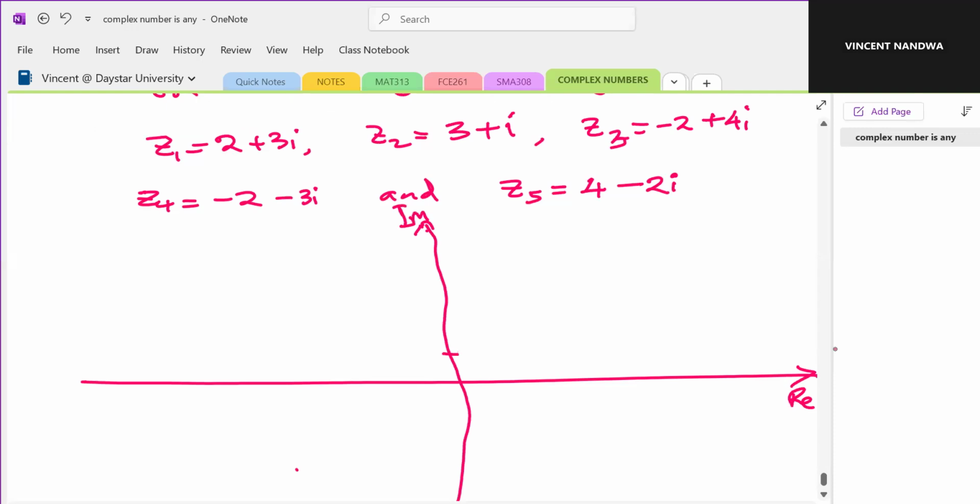So let this be i, this be 2i, 3i, and this be 4i. This is 0, negative i, negative 2i, negative 3i. This minus 1, minus 2, minus 3, minus 4, minus 5, etc. This is 1, this is 2, this is 3, this is 4, and let this be 5.